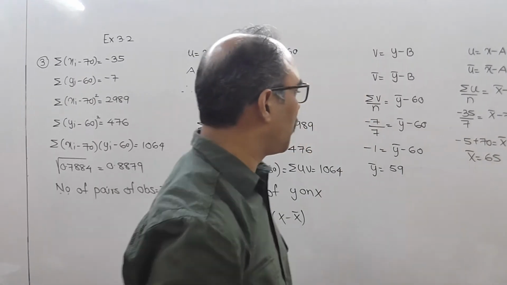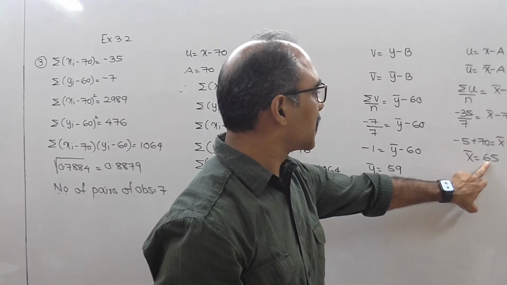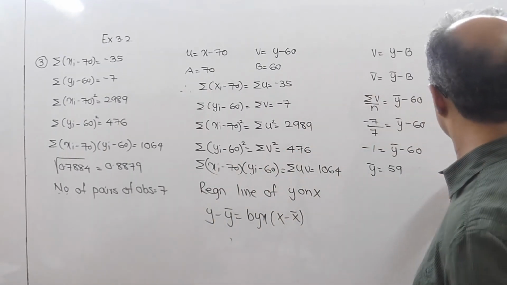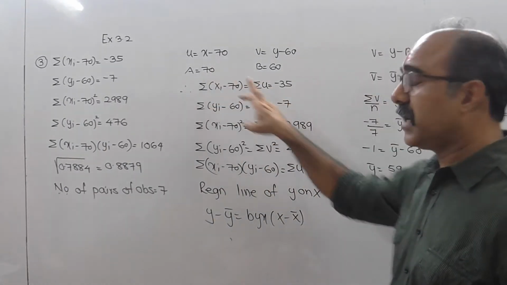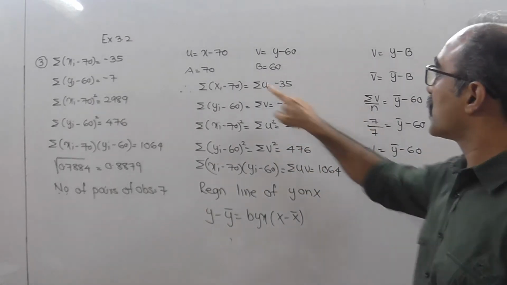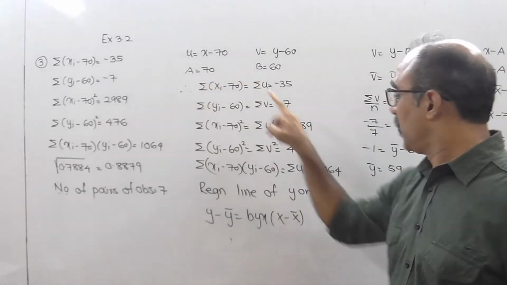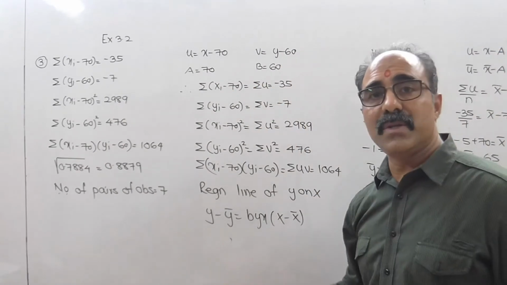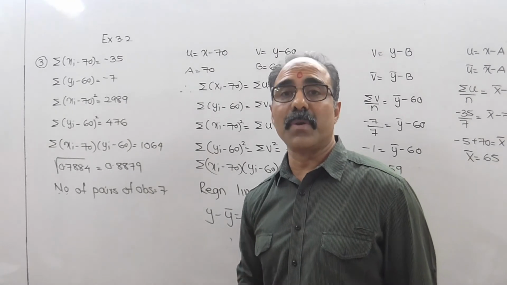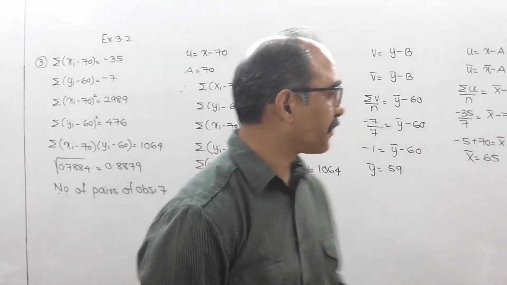Actually क्या हुआ रहेगा मालूम है? तुम्हारा x bar 65 आया रहेगा और y bar 59 आया रहेगा, लेकिन उन लोग instead of taking 65 they have taken 70 and instead of taking 59 they have taken 60. So अगर 65 को 70 करेगा तो वो assumed हो गया और 59 को 60 करेगा तो assumed हो गया. That means these are the deviations which are taken from the assumed means and not from the actual means.